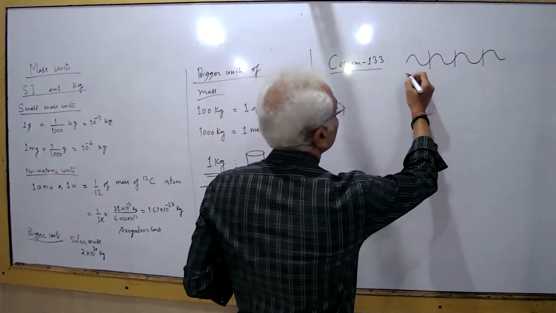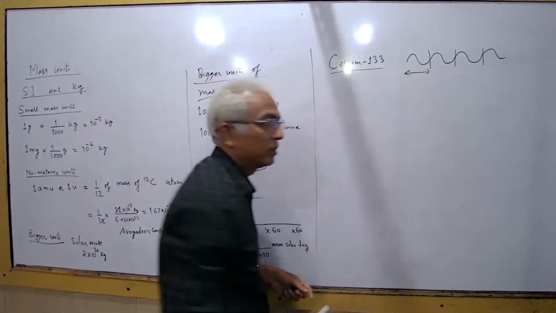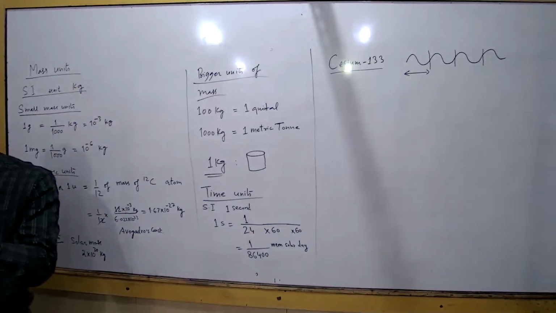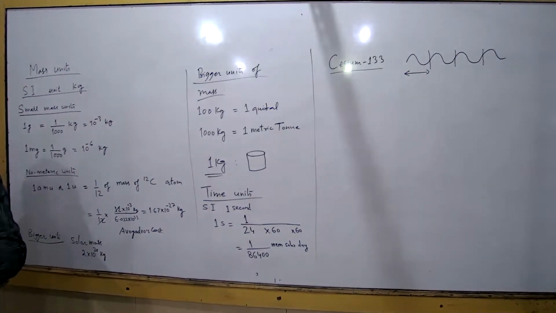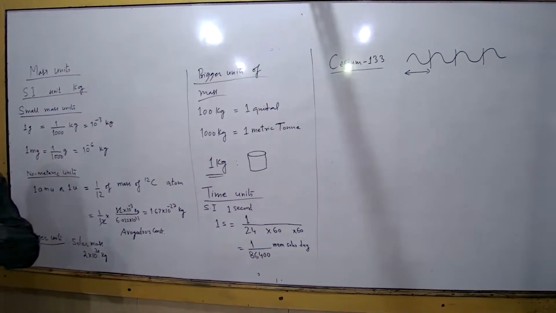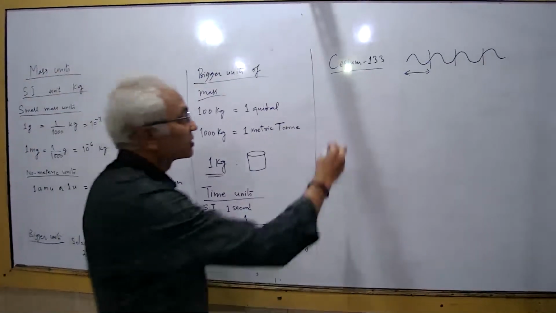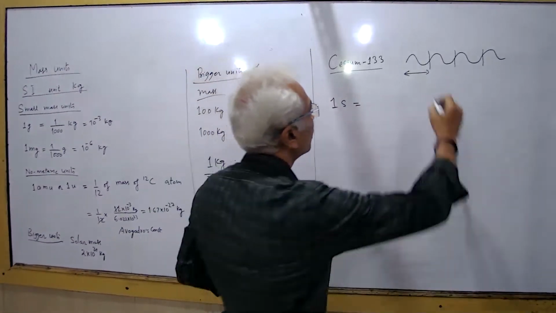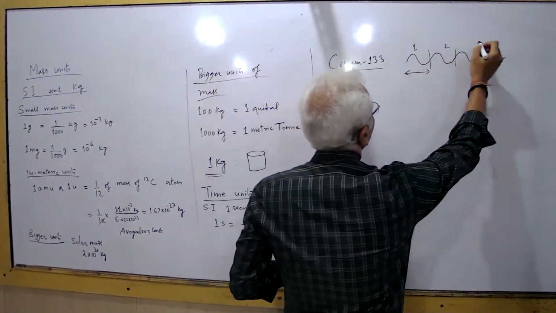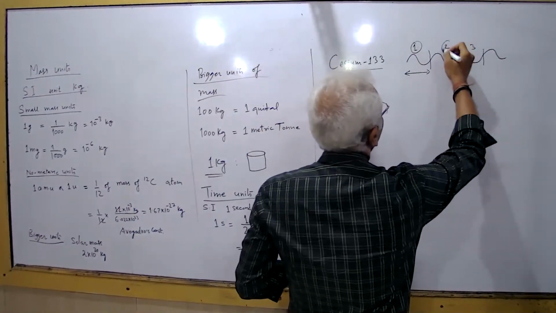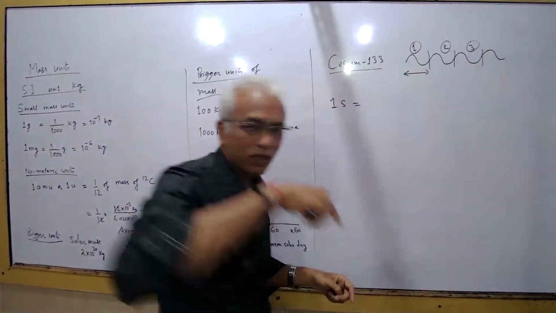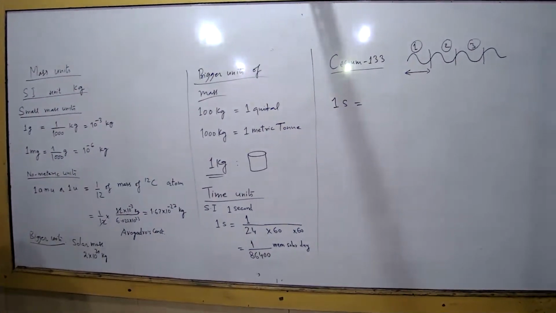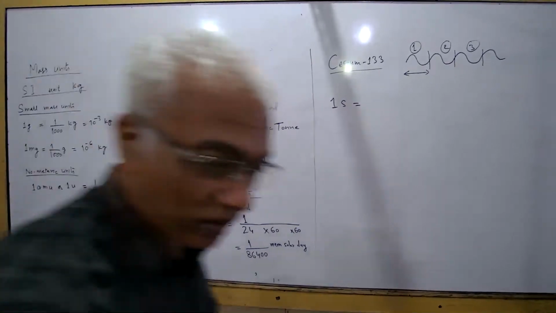Each wave cycle has a fixed time interval. So what is taken as 1 second? You can count 1, 2, 3. This cycle is also called a vibration: 1 vibration, 2 vibration, 3 vibration.